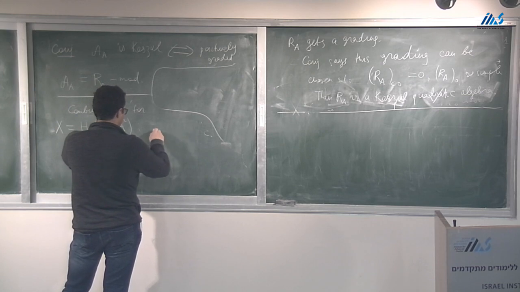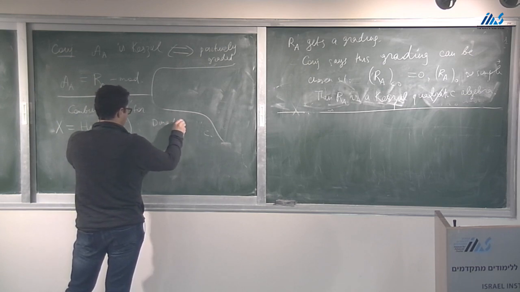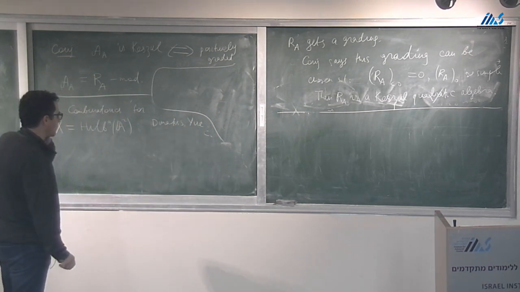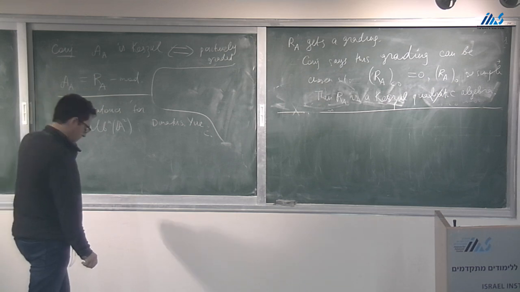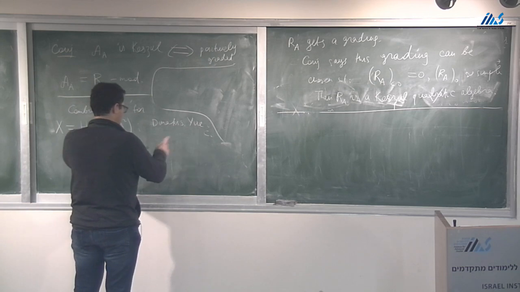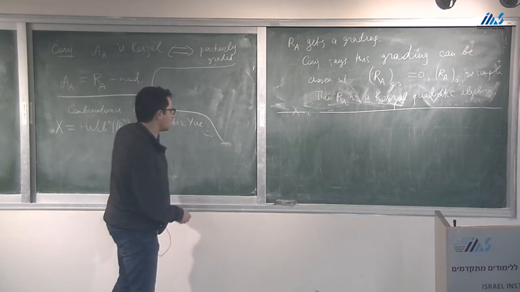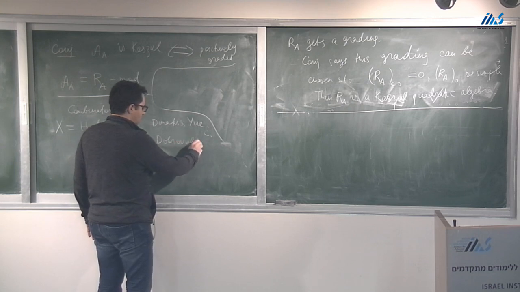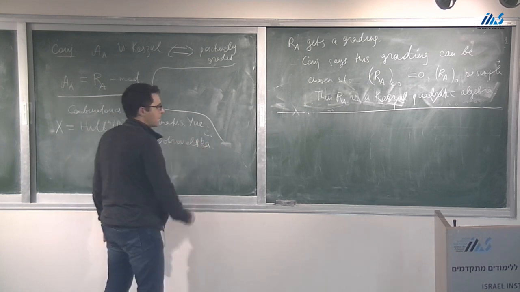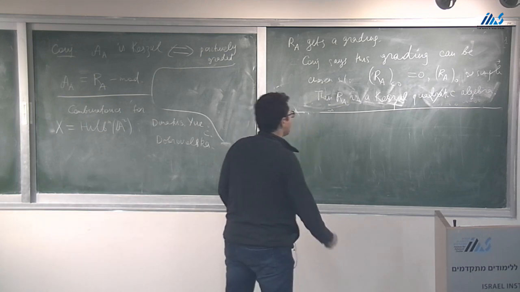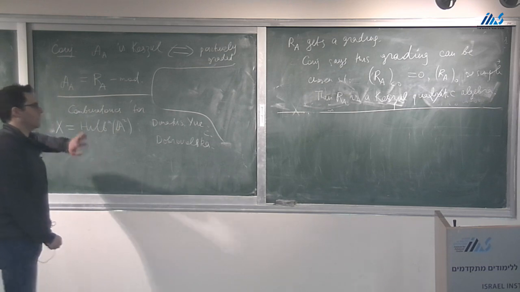There is a paper on the arXiv by Demarkis, and Galina Dobrovolska also has some results about this. And let me maybe just finish with some approach to proving it.